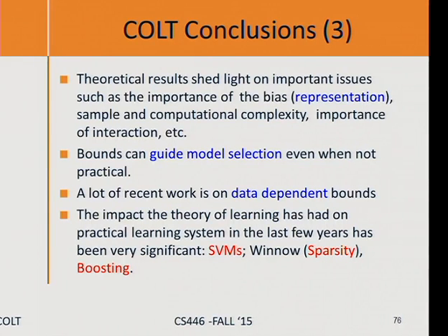Not that today it's not an experimental field, but today there is a lot more understanding of why things work, when things work, and of the different components that dictate learning. In particular, it allows us to understand model selection better. Model selection means which hypothesis class we should use when we want to learn something.